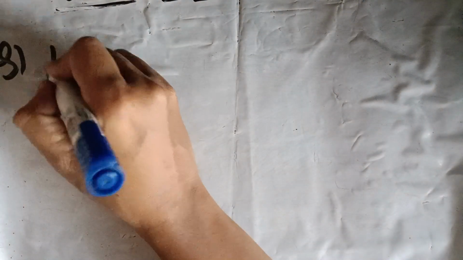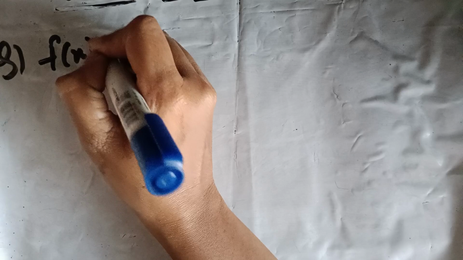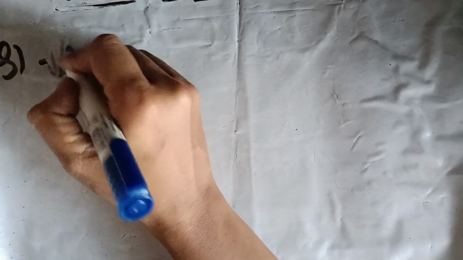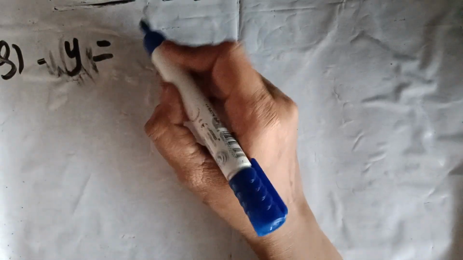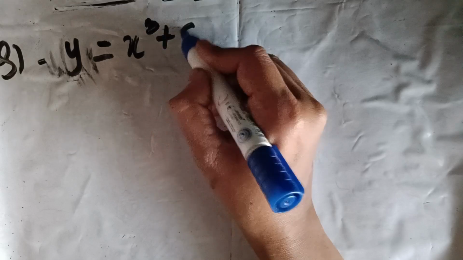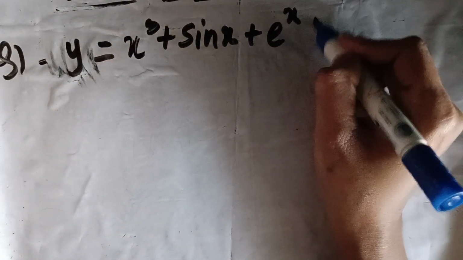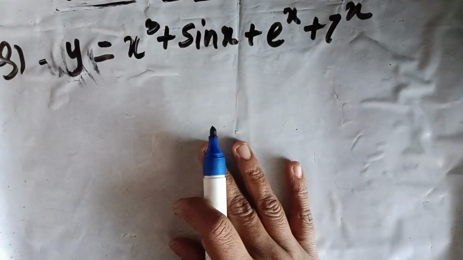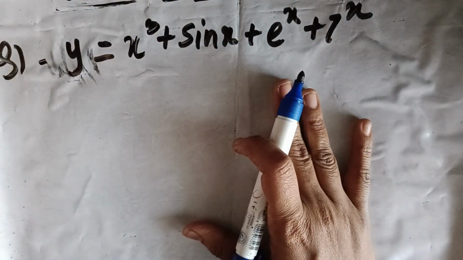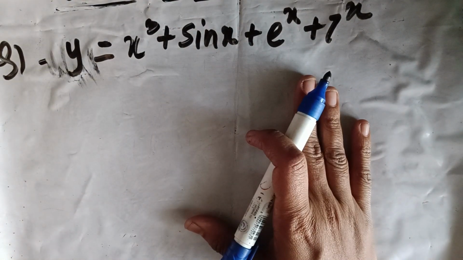f of x is, or y we can take, x cubed plus sin x plus e raised to x plus 7 raised to x. Okay. Now here you have to make use of derivatives which we have found by using first principle.